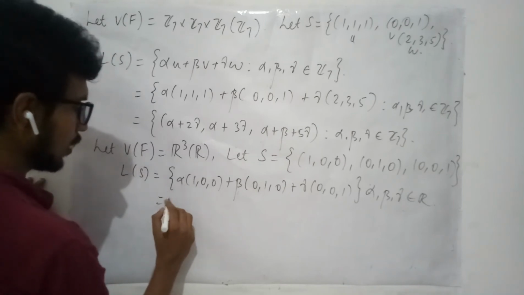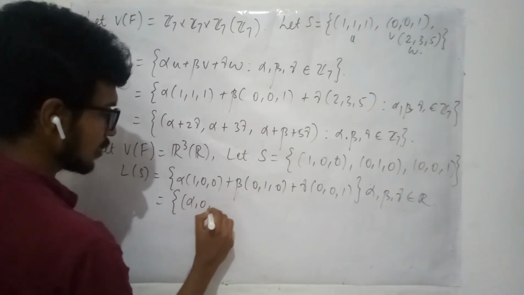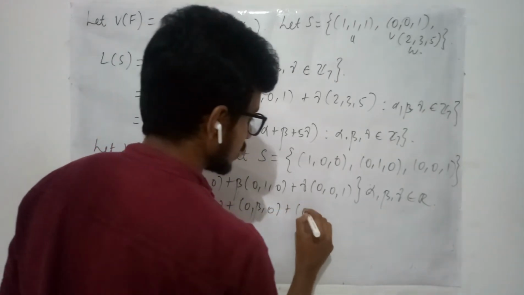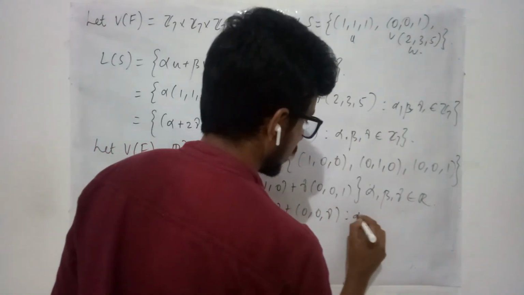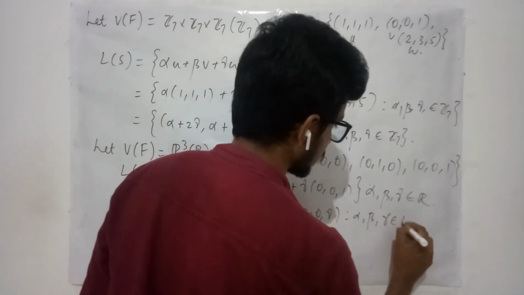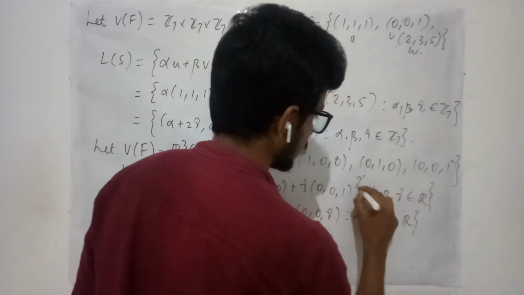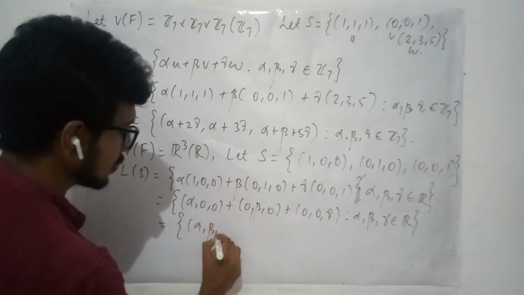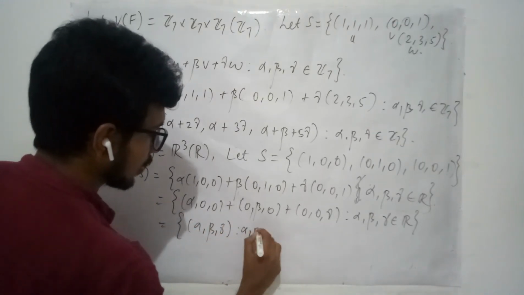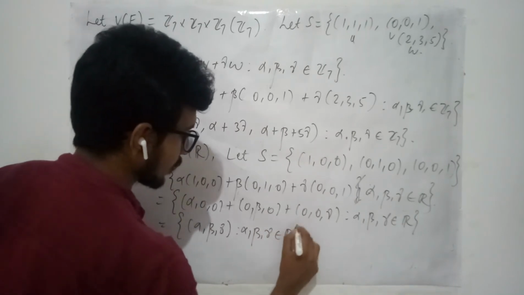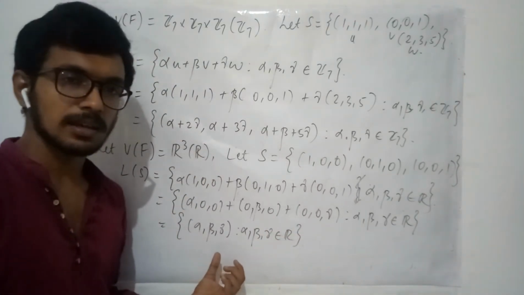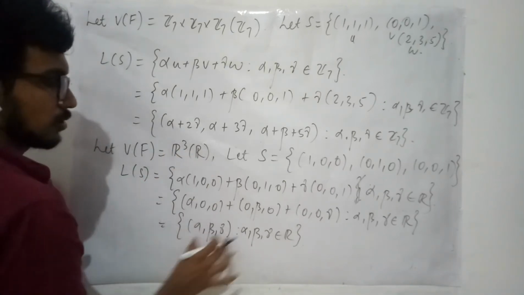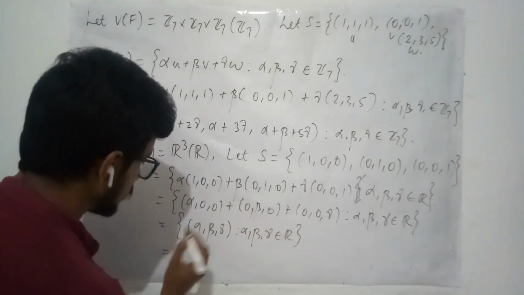So it is going to be like what? (alpha, 0, 0) plus (0, beta, 0) plus (0, 0, gamma), where these are real entries, right? So when I make the vector addition, what I am getting is this one. So these three entries have to be real quantities. That is my entire thing, right? So I don't have any other restriction, which means what?